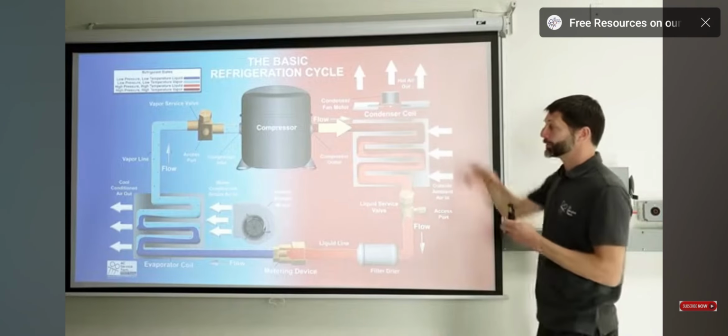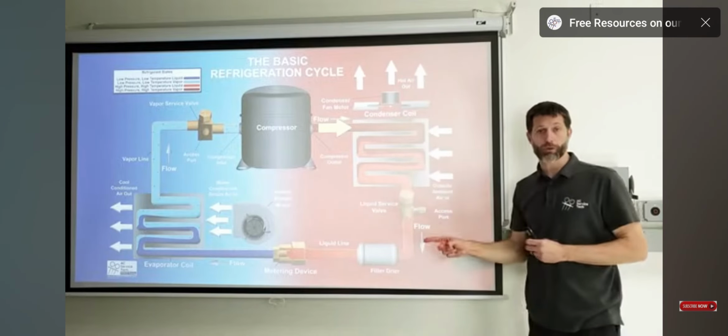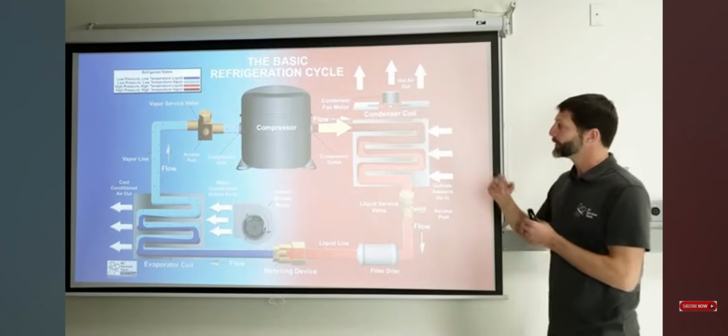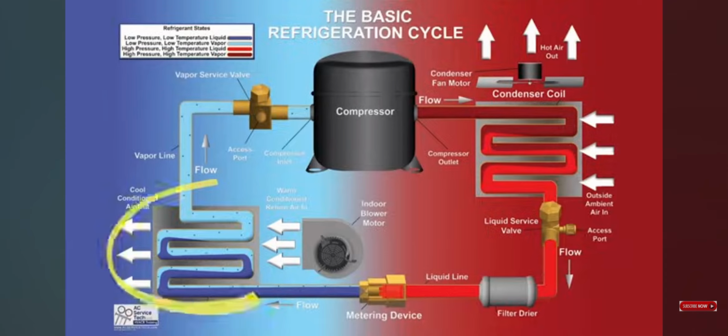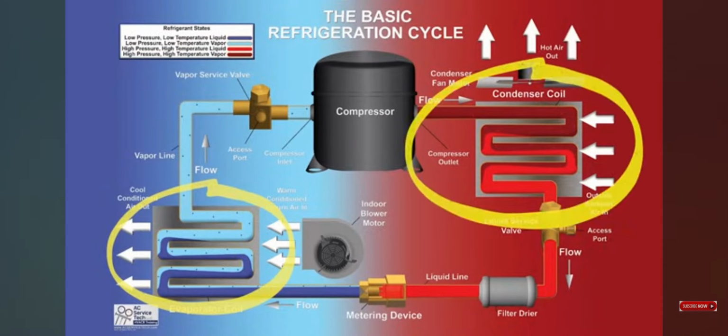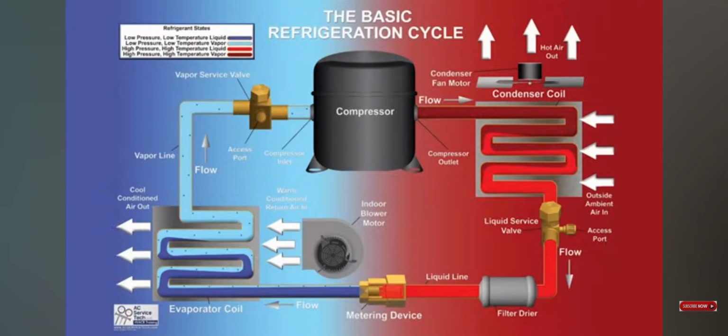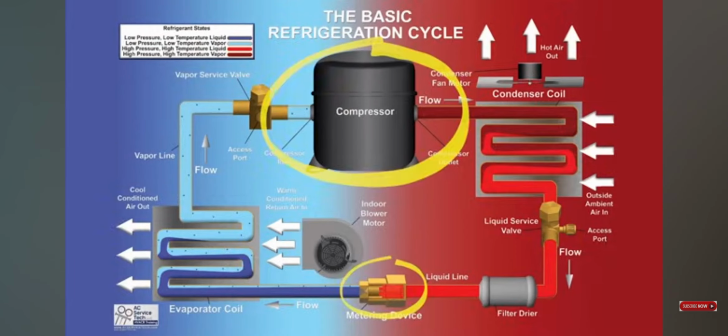And so the refrigerant traveling through a refrigeration cycle, the whole object is it's moving heat. It absorbs the heat energy over at the indoor coil or the evaporator, and it rejects heat energy at the condenser coil. That's the job. And you are manipulating the refrigerant because you have a pressure increasing device and a pressure decreasing device.